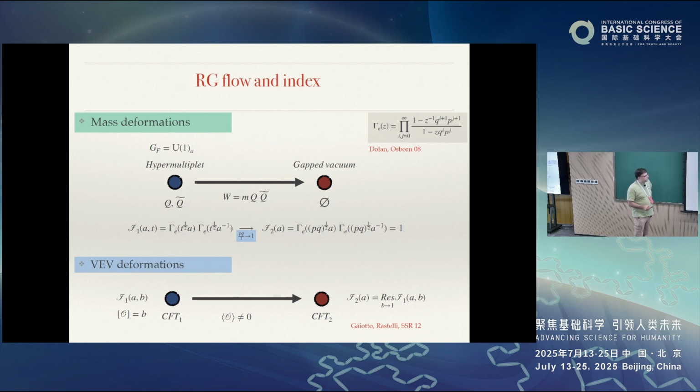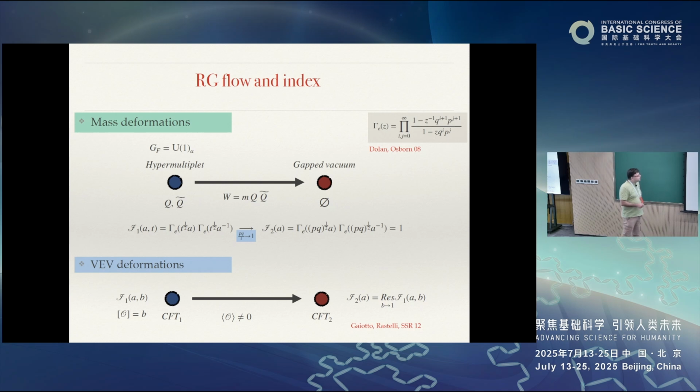It's an extremely simple function. You can think of the numerator as coming from counting fermionic modes and the denominator as counting bosonic modes. And importantly, for what we will say later on, it is an infinite product. It's not trivial, but rather a simple function.